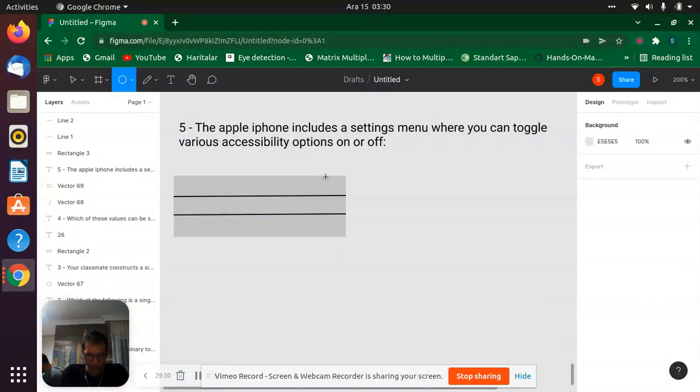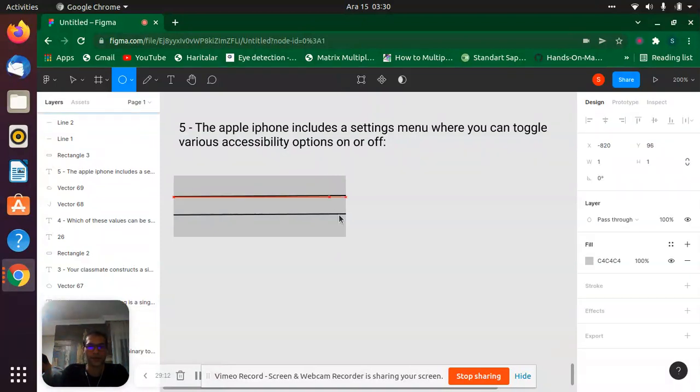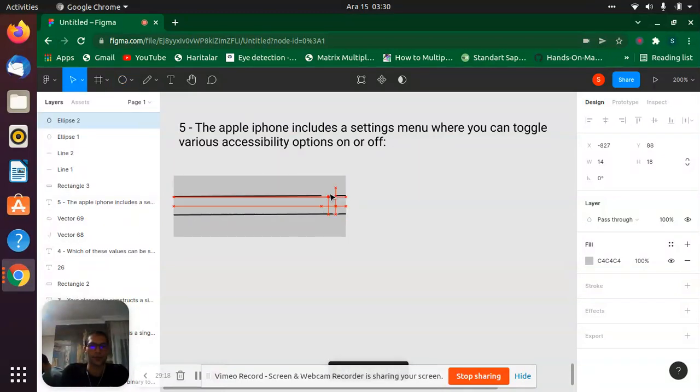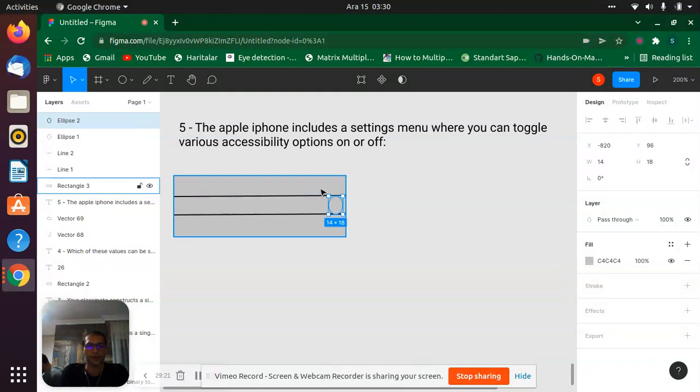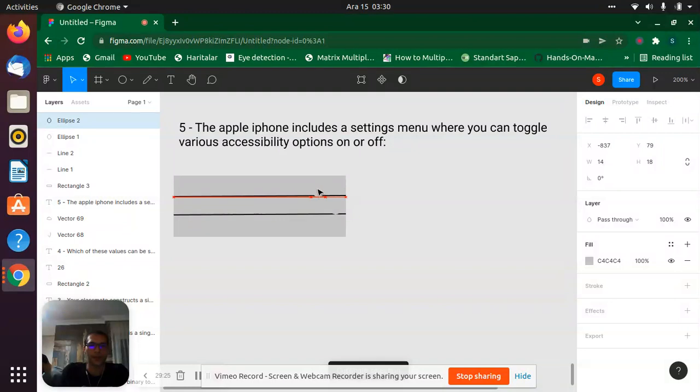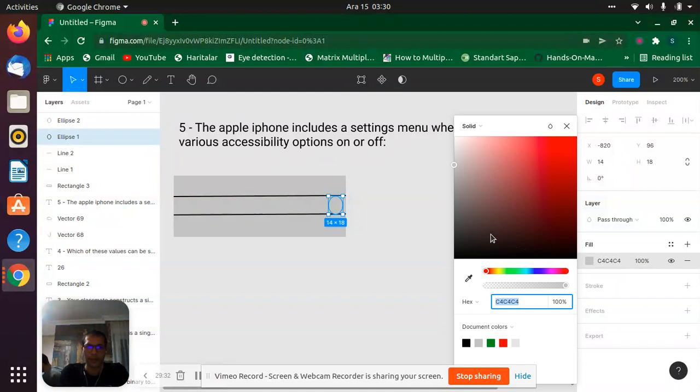What I can do is this one here, something like that. Then I will duplicate it and put one here. Also I want to change the color to make it good.